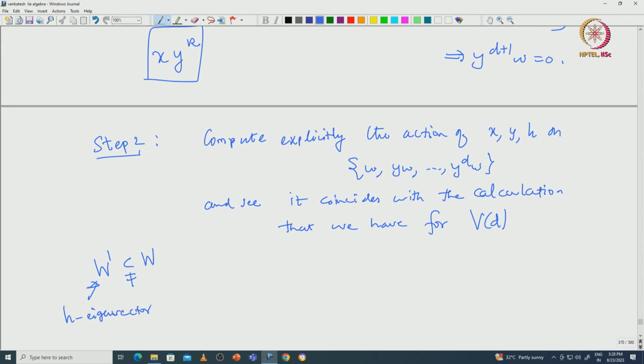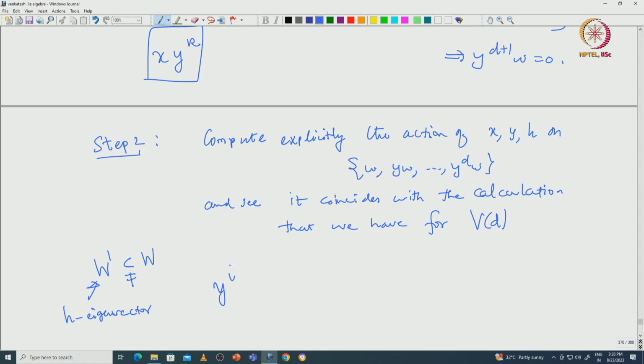Okay, because it will have an h eigenvalue, because h will map w dash to w dash, h being diagonalizable will imply that h restricted to w dash is also diagonalizable. So, that means there is an eigenvector inside this w dash.